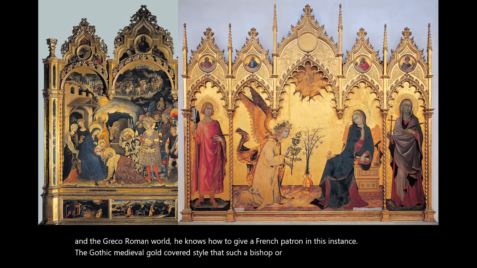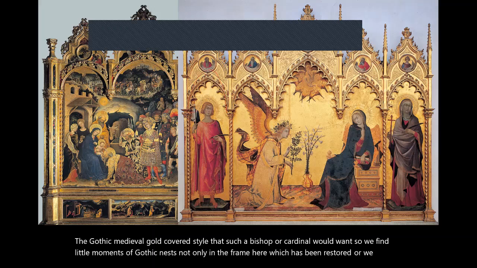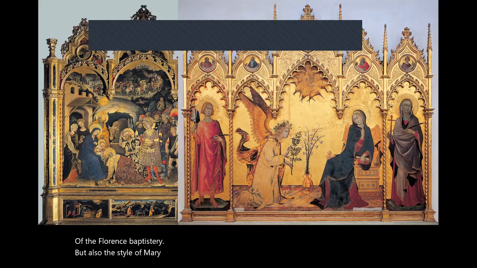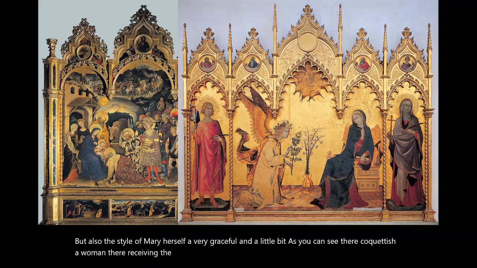So we find little moments of Gothicness, not only in the frame here, which has been restored, where we have pointed arches and the lovely tracery that we can relate to the quatrefoils of the Florence baptistry, but also the style of Mary herself, a very graceful and, as you can see there, a little bit coquettish woman receiving the news from the angel Gabriel.